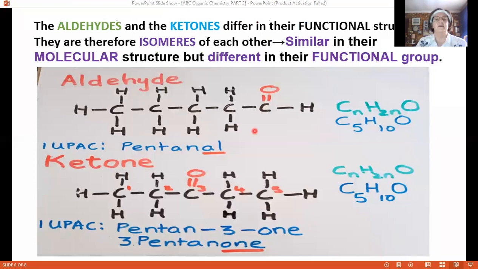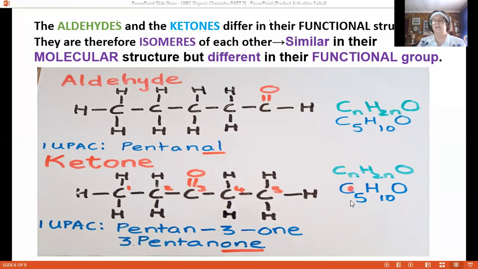But now, where does it differ? We just looked at the difference. The aldehydes and the ketones differ in their functional group structure. Because of that, they are called isomers of each other. By definition, an isomer is where you have the same molecular formula but different structures, and aldehydes and ketones are very good examples.